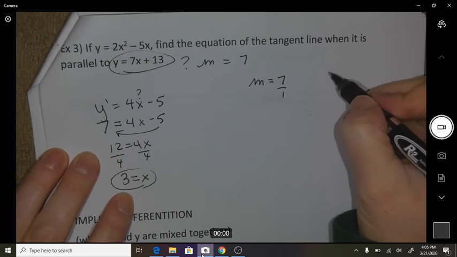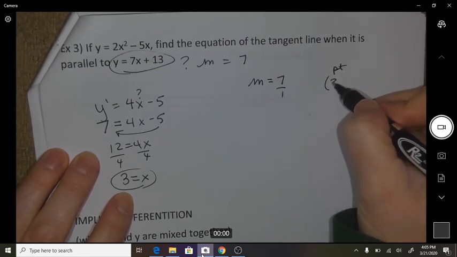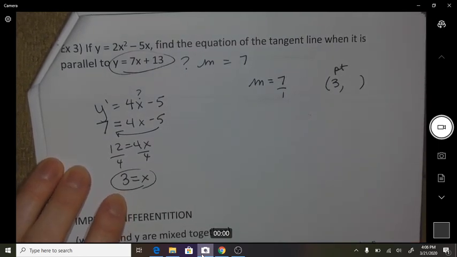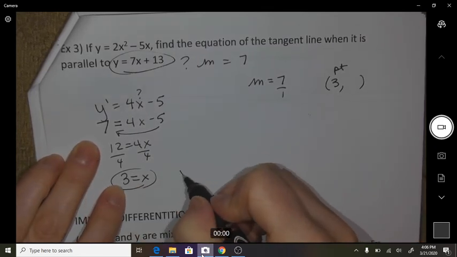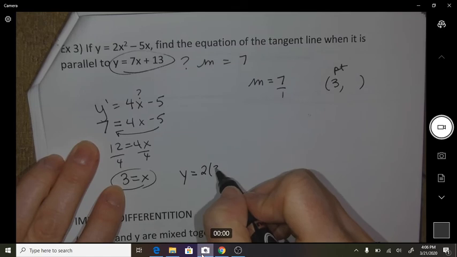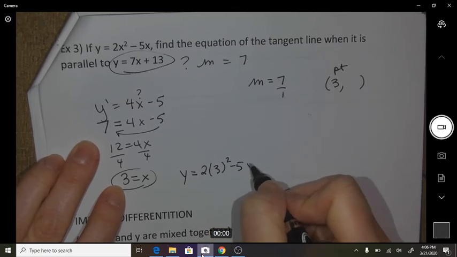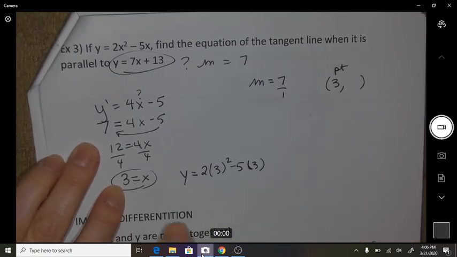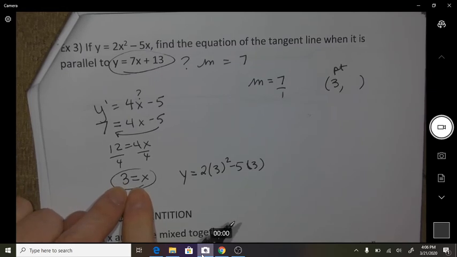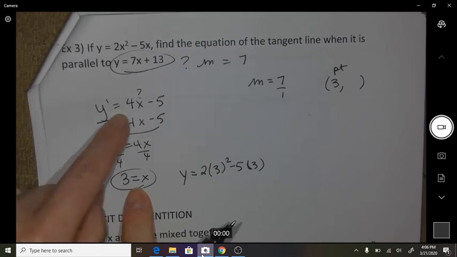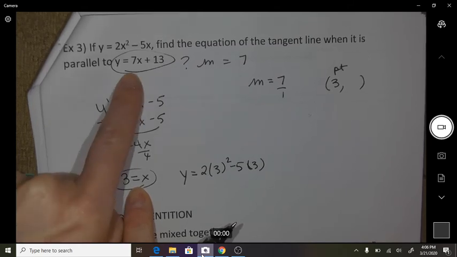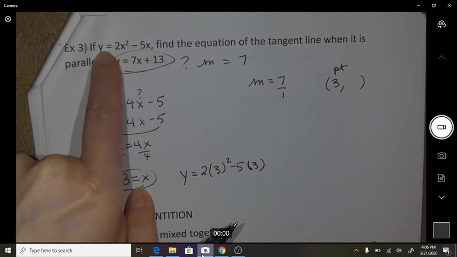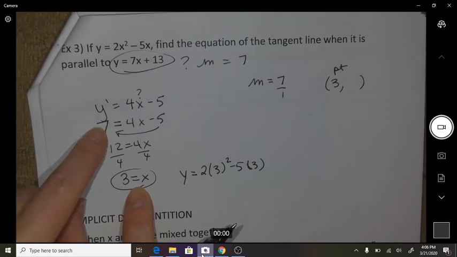I know in my point, I know 3, but that's it. So what am I going to do with the 3? I'm going to input it into the original equation. You just have to be careful with this because sometimes it's confusing that you don't want to insert it into this equation because that's your derivative. Here you want to insert it into this equation because you want the y value, not the y prime.